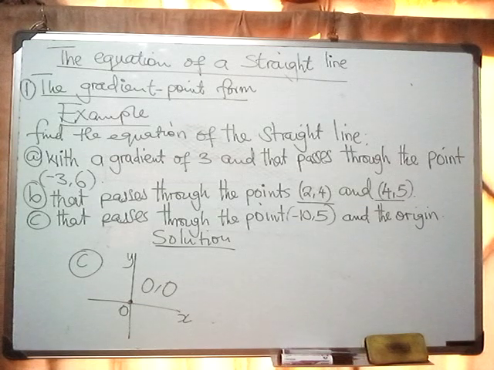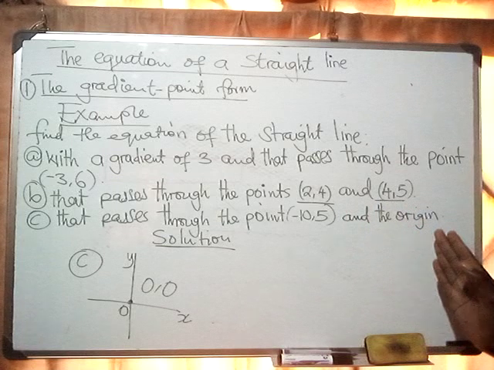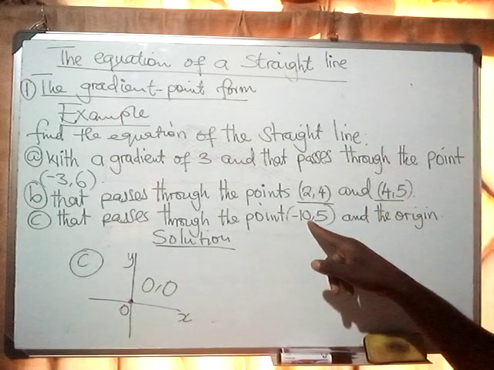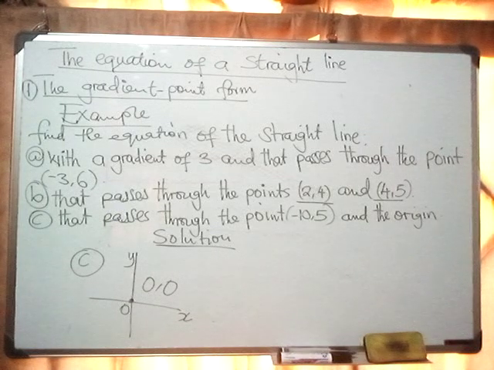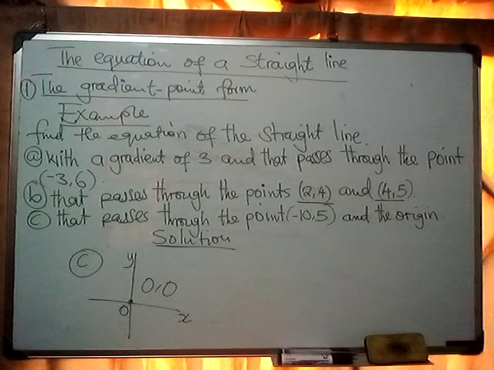What is the gradient? We are going to find the gradient. Which formula are we going to use? We are going to use the second formula, the one we used for B, because we have two coordinates now: this coordinate and the one we have come up with.